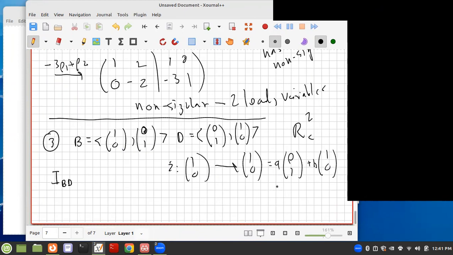Obviously, I want to choose A to be 0 and B to be 1. So this is going to equal 0, 1 in basis D. How is that obvious? Well, these are the same vectors. So I can just choose B equals 1, A equals 0.